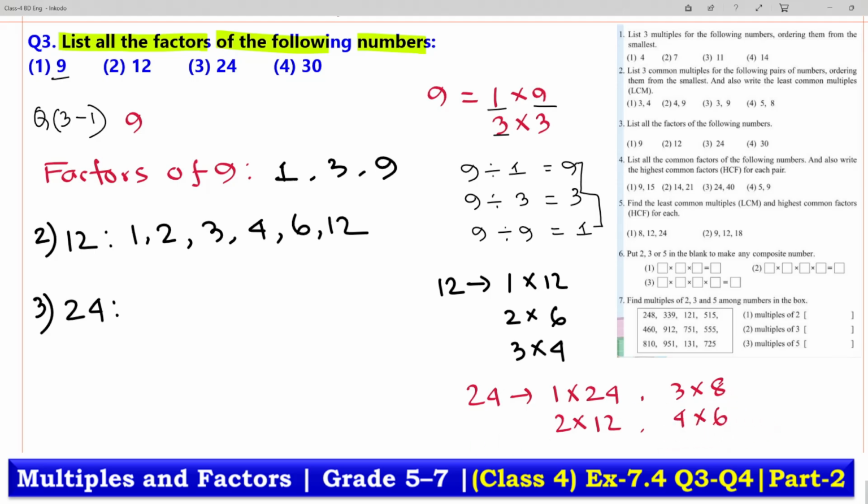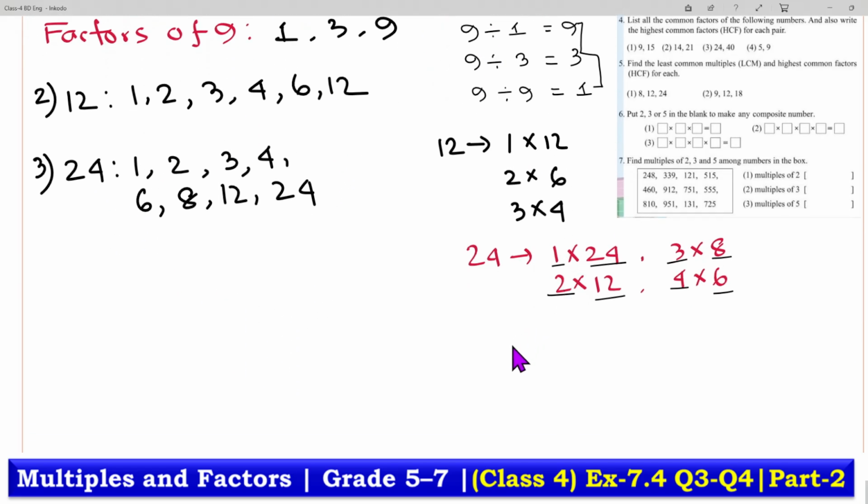So we already get 1, 2, 3, 4, 6, 8, 12 and 24. These are the factors of 24. I'm not writing the full sentence. All are factors of 24.